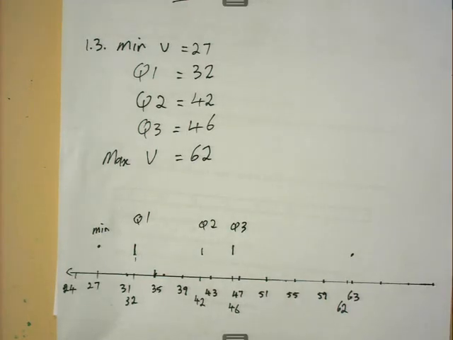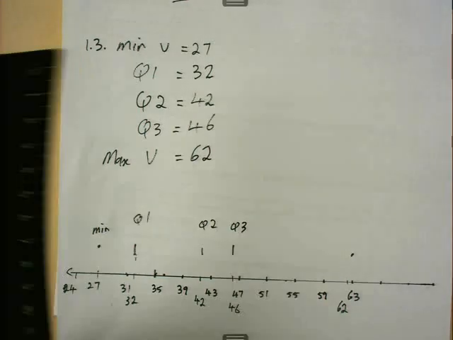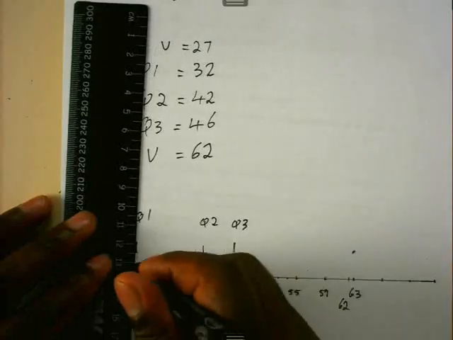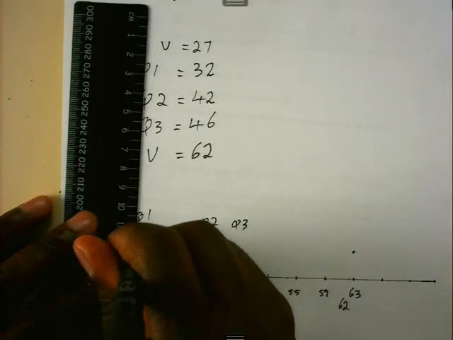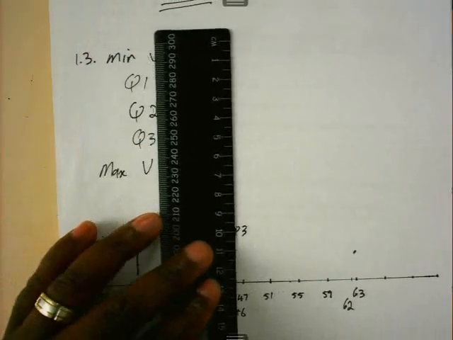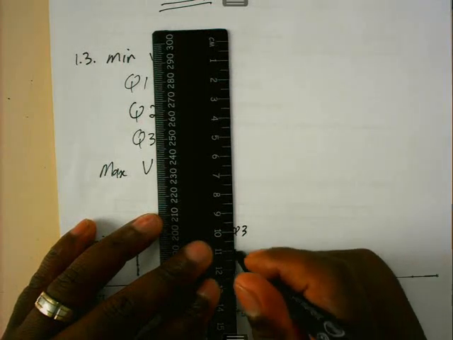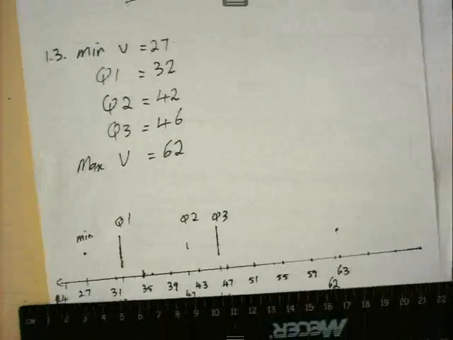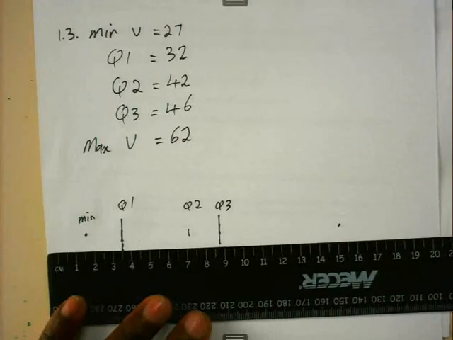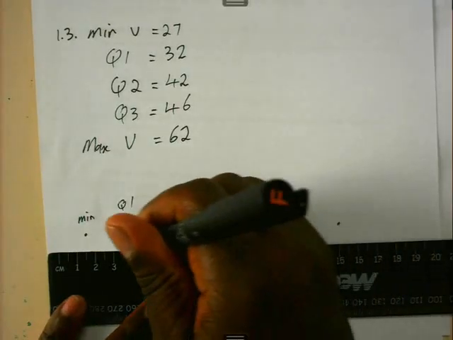Now we draw a box and whisker diagram. Remember, minimum, the box, maximum, and we draw that box here. With the aid of a ruler, neatly, let's draw the box.